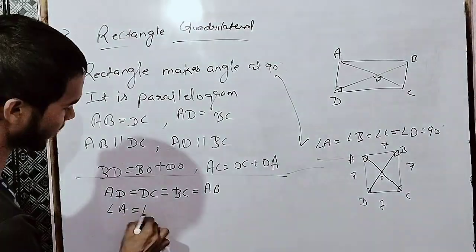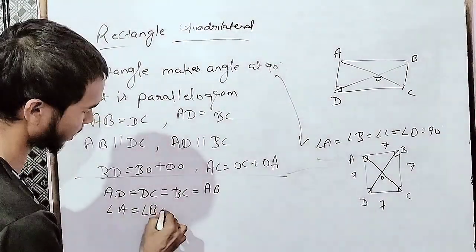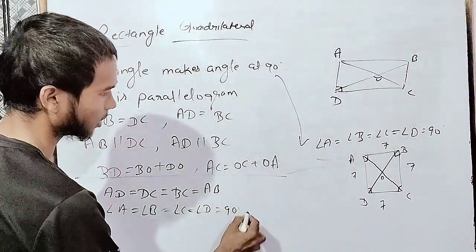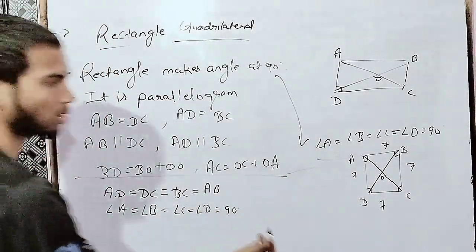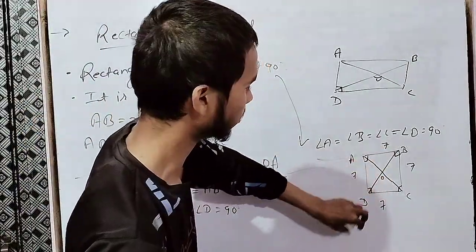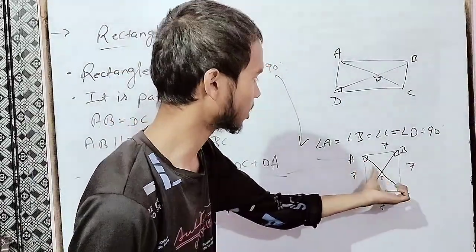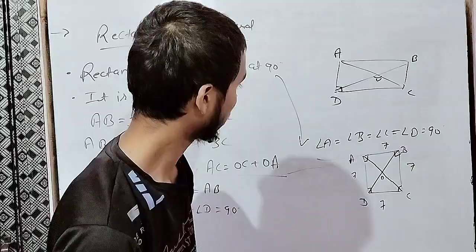Angle A, angle B, angle C, angle D is equal to 90 degrees. And BO and OD make BD, AO and OC make AC. Clear?